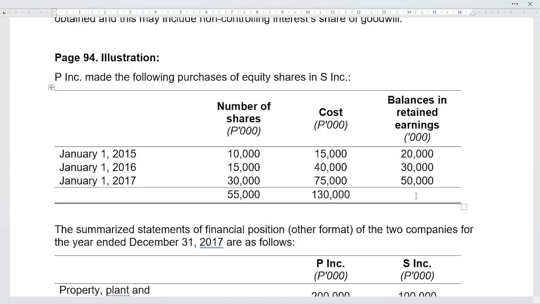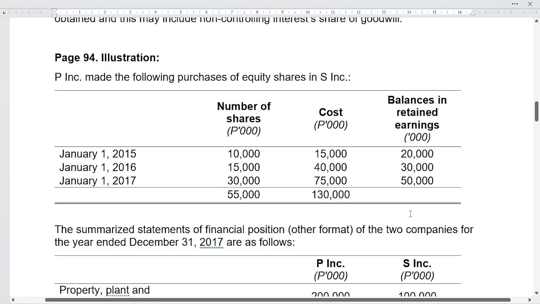Punta naman tayo doon sa December 31, 2015. Magkano ang income ni S? E di 30 minus 20, 10. Doon sa 10 na yon, pwede mong i-allocate yung 10% kay P, kasi as of December 31, 2015, 10% ni S ay kay P. So kung 10% ng 10 ay kay P, magkano yun? 1,000.